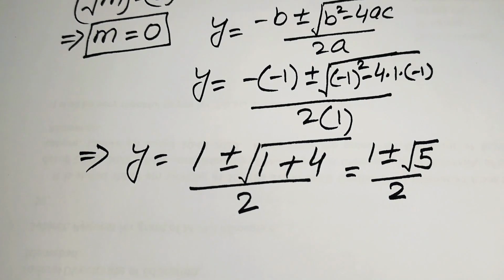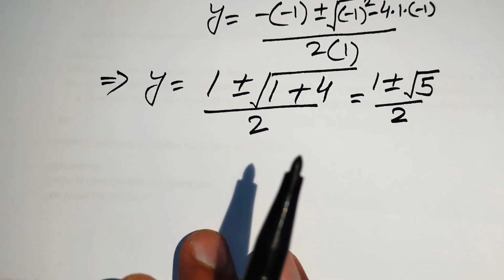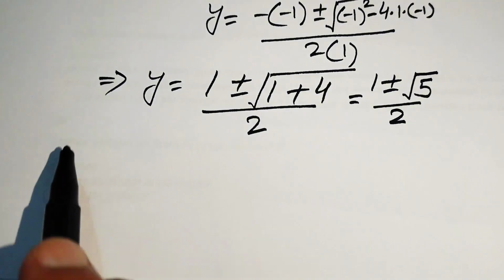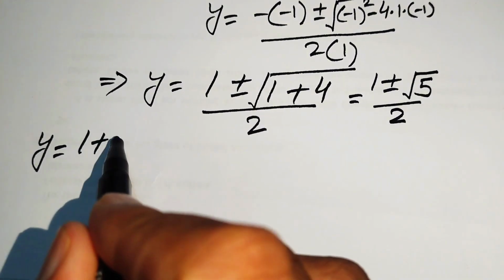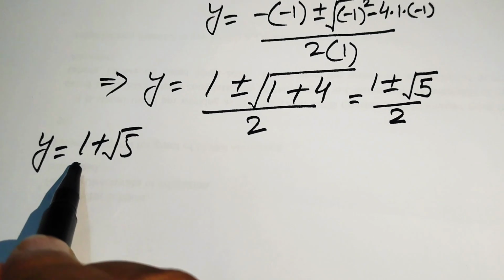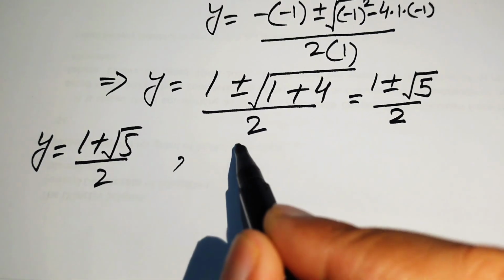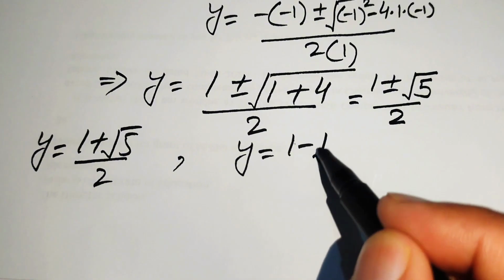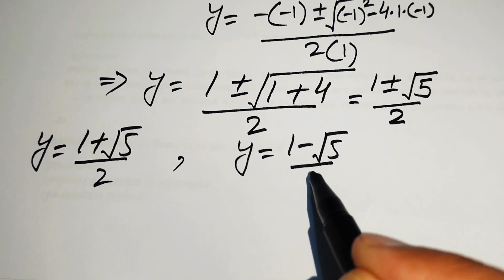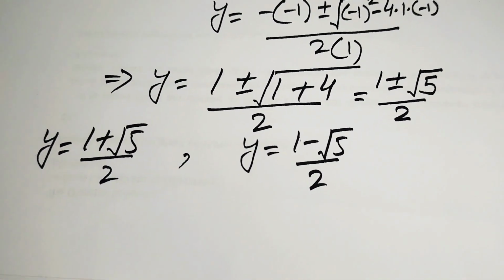So here we just convert these values into two cases. The first case is we take the positive value, it is 1 plus square root 5 over 2, and in the second case we take the negative value, it is 1 minus square root of 5 divided by 2.